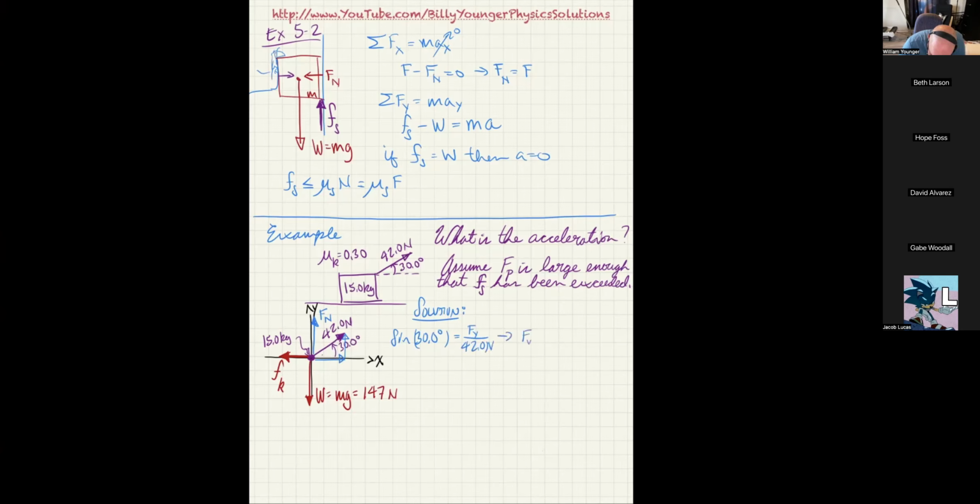This means F sub y is equal to positive sine 30 times 42. Sine of 30 is a half, and multiplying that by 42, you get 21.